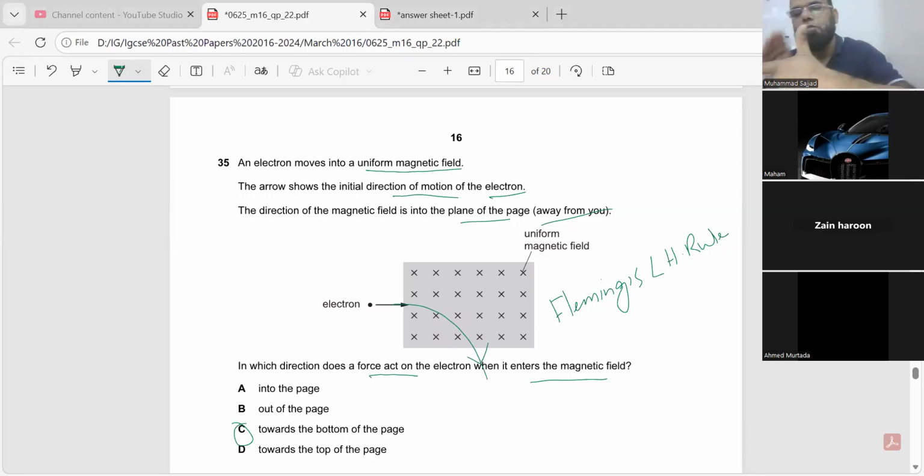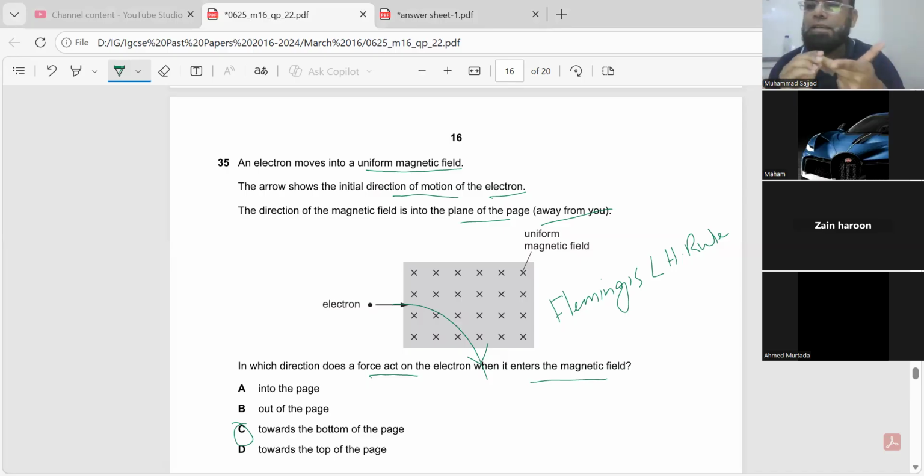Again, father, mother, child. So always start with the field finger. The field is into the page, into the screen. In the exam, you can do this on the table like this. The direction of flow of electrons is not the current.